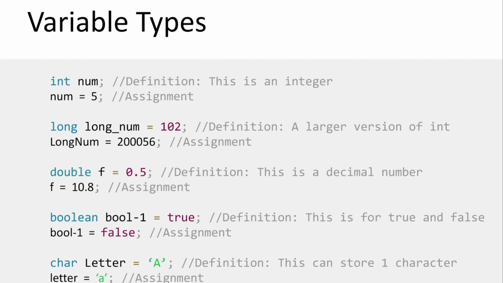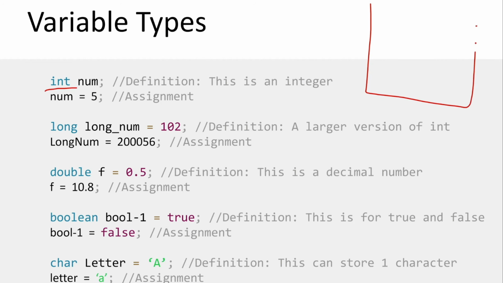So, now that you know how to assign values to a variable and what a variable is, let's see how to define a variable. First, you have to do the type. Wait, let's stop here. Why do you need types in the first place?